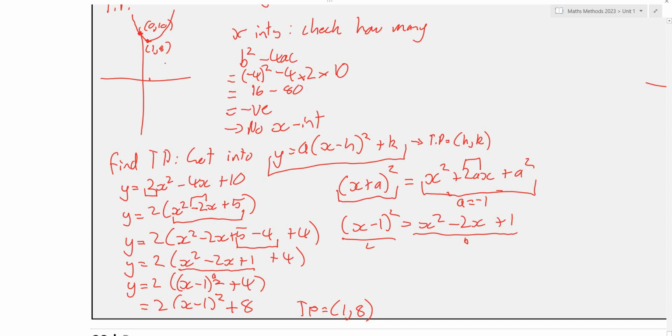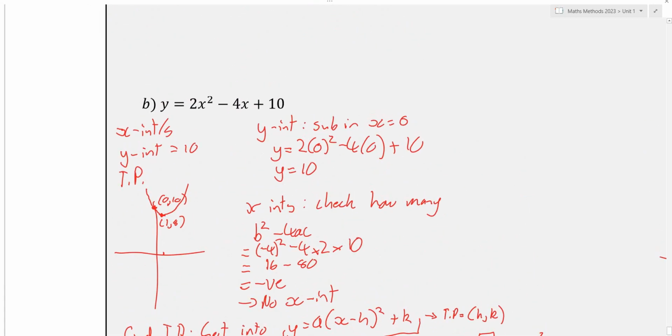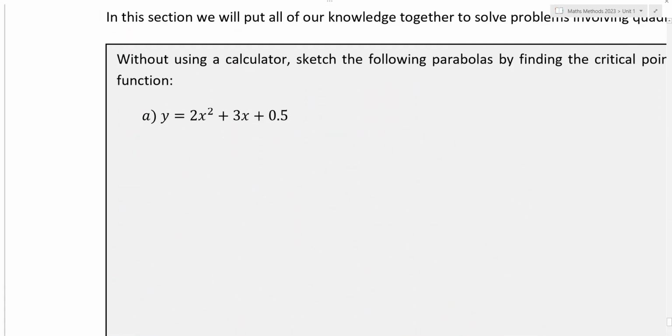So I will give you a chance to have a crack at it first, but I'm going to give you a head start, and I'll just give you a tip to start with as well. For this one, completing the square is going to be a pain because you're going to be working with decimals and fractions.